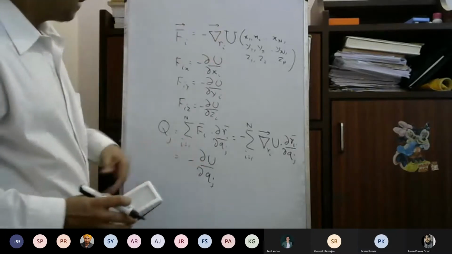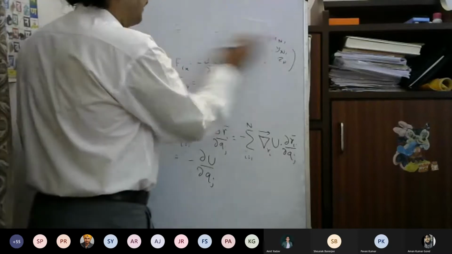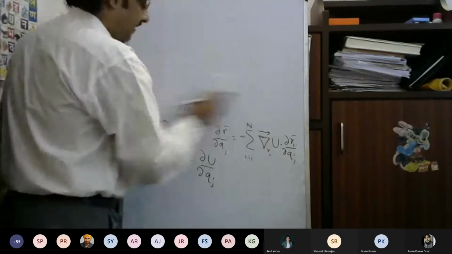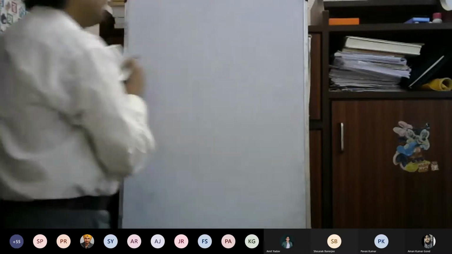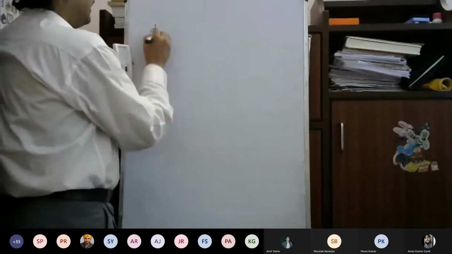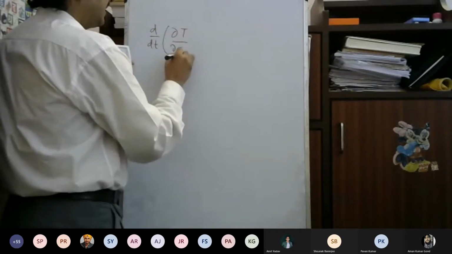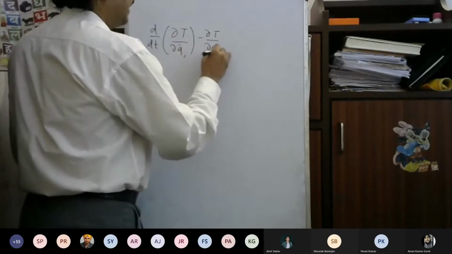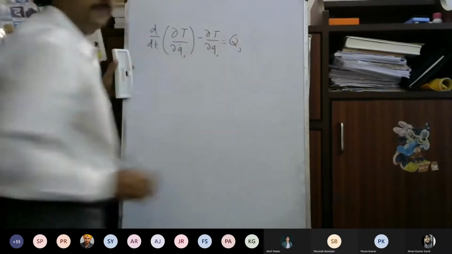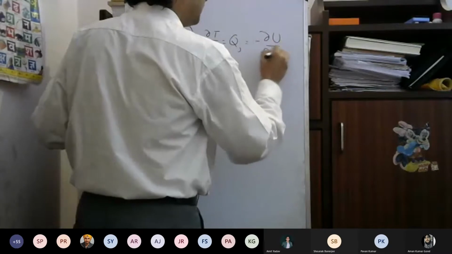So if Qj is equal to minus del u del qj in this particular form, then what happens to our equation of motion? Now you see that we have the n equations, ddt of del T del qj dot minus del T del qj equals Qj, and Qj is equal to minus del u del qj.